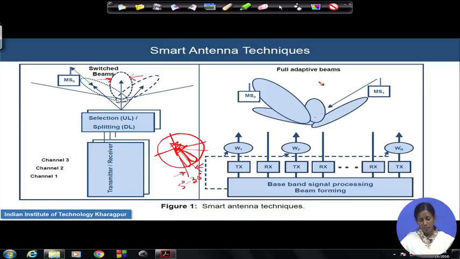But frankly speaking, it is very hard to implement in practice, because you need to know the continuous channel condition, and the complete channel vector information should be there with you a priori over the trajectory of your movement. Based on that, these weight vectors will be continuously applied, such that the SNR can be maximized at your end.